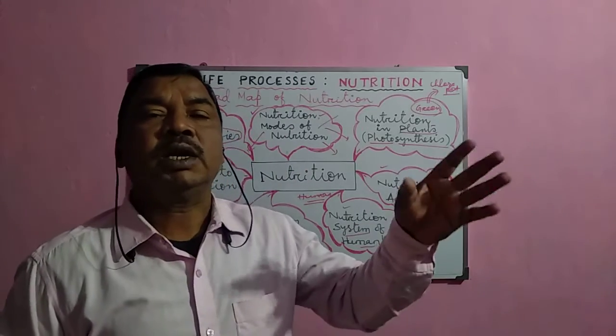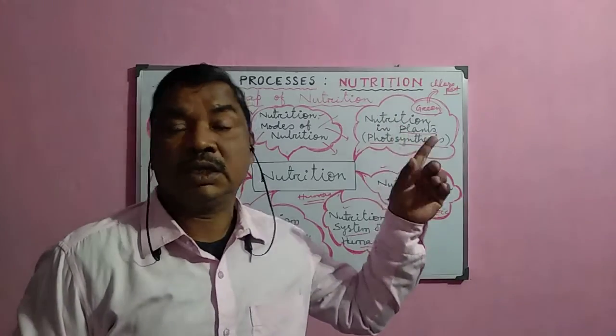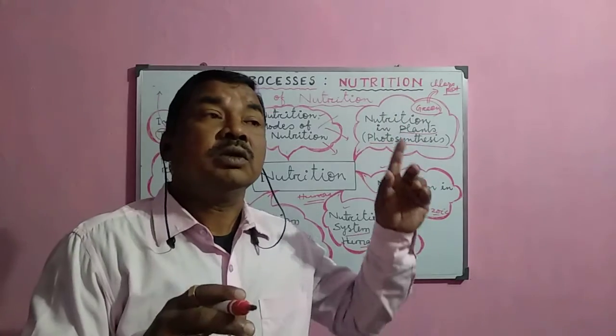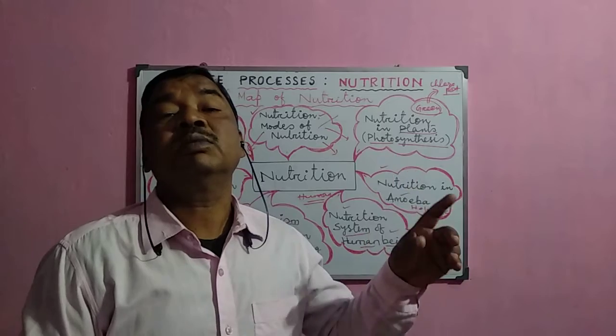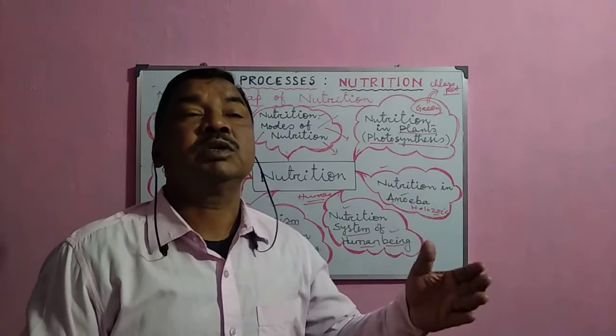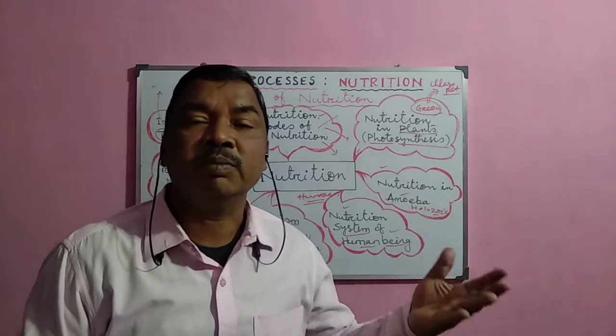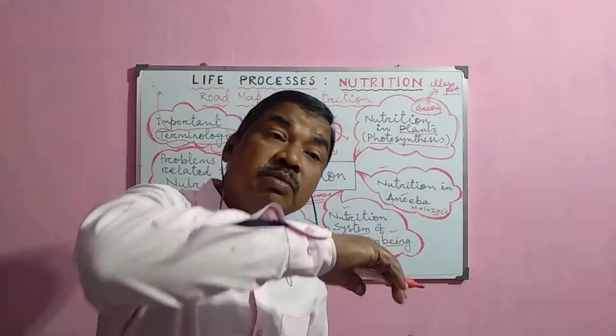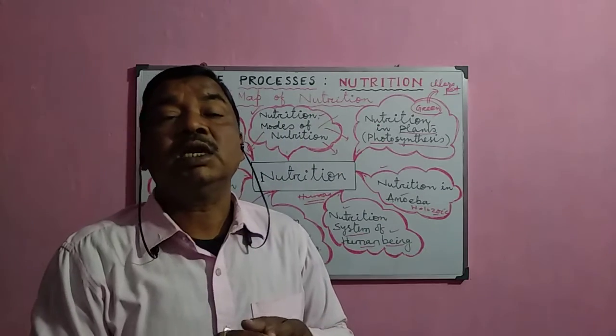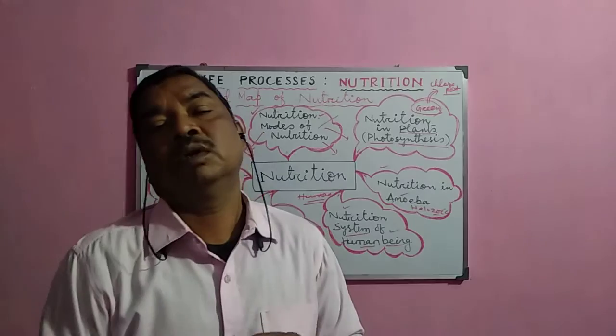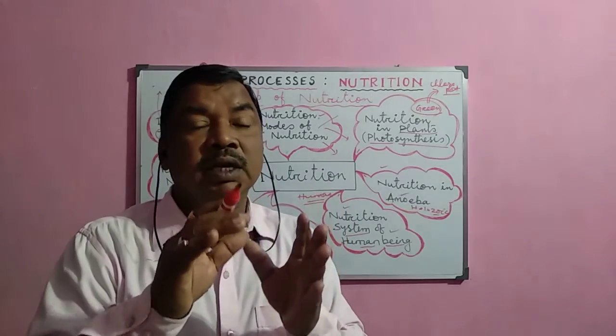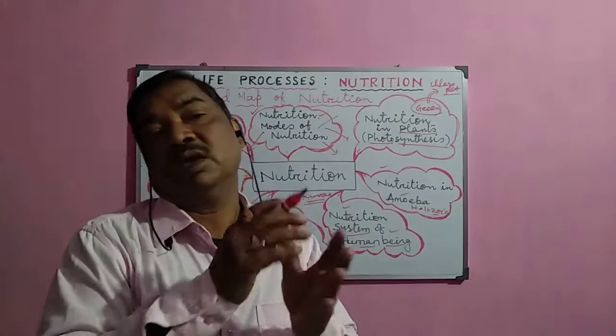Now, another important gland, the pancreas. The pancreas secretes enzymes like trypsin, chymotrypsin, pancreatic amylase, pancreatic lipase, etc. And these enzymes are also directly poured into the duodenum. And the food gets digested by these enzymes.